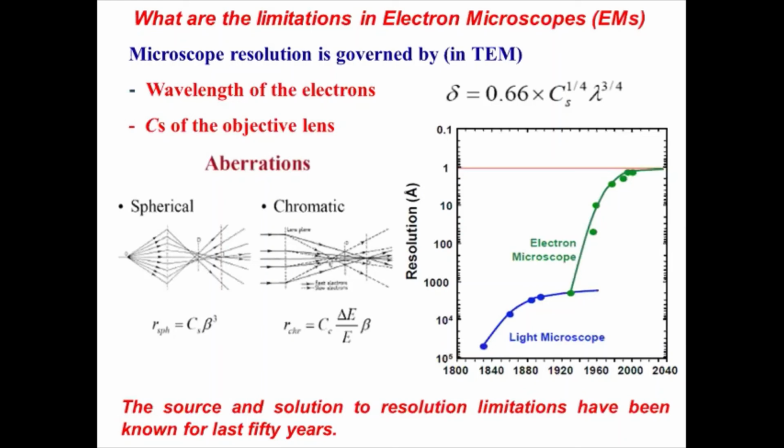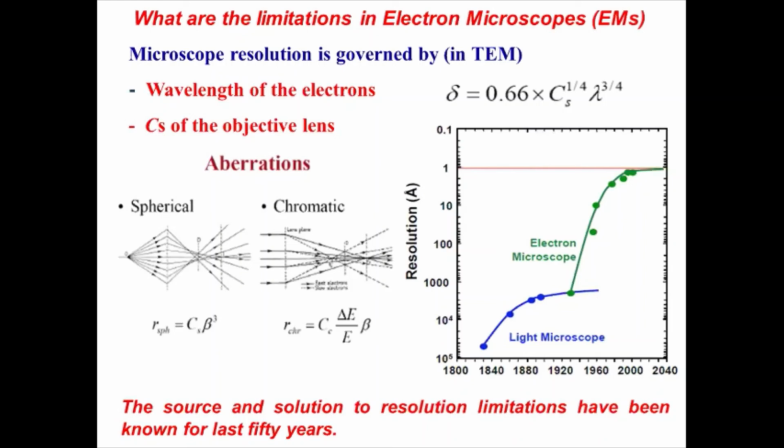Now every microscope has aberrations, that is errors. There are two major kinds of errors. One is spherical aberration, another is chromatic aberration. And on the right hand side, you can see a graph of resolution against time.